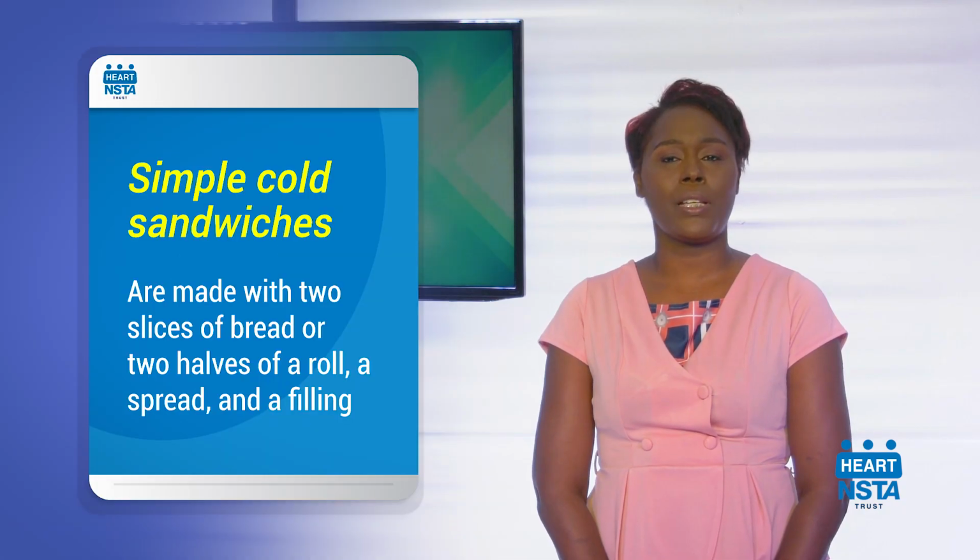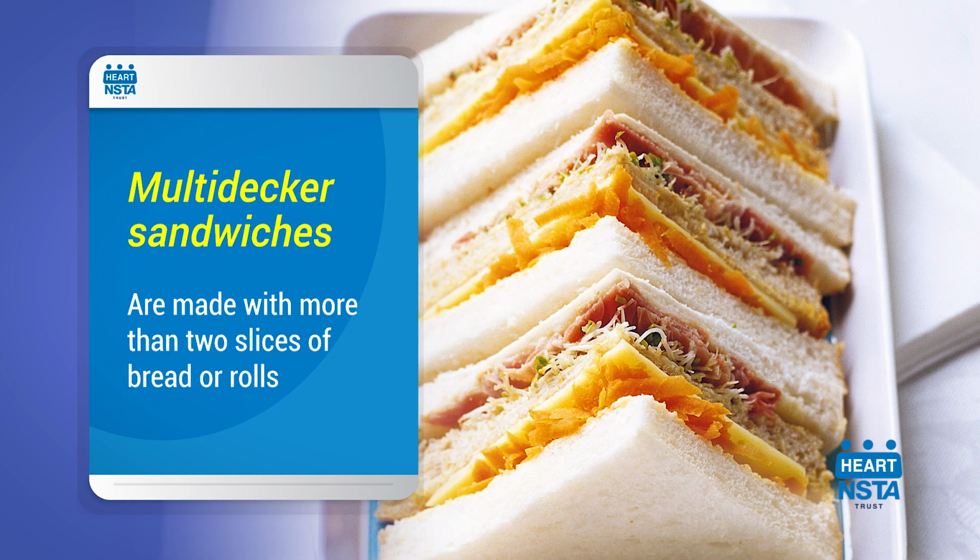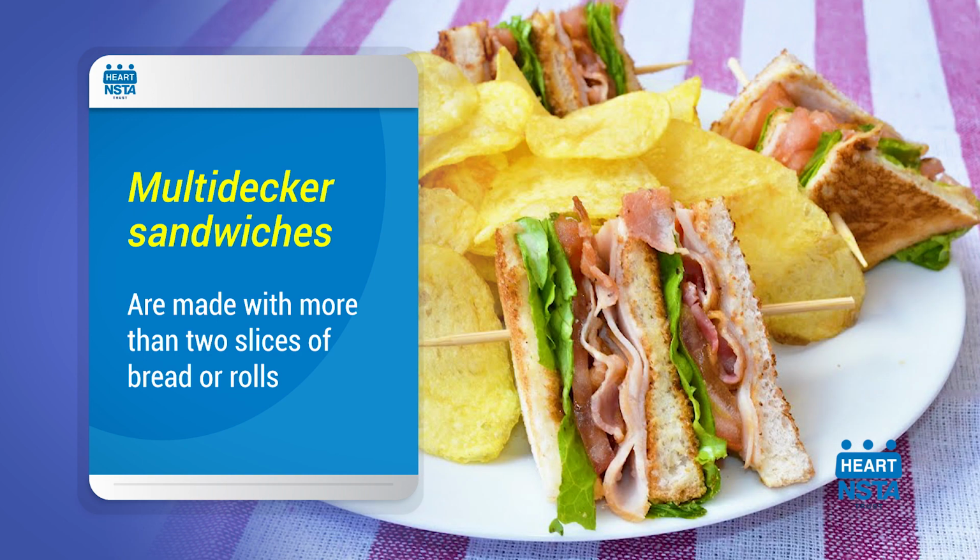Here are a few types of cold sandwiches used for breakfast. Simple cold sandwiches. These are made with 2 slices of bread or 2 halves of a roll, a spread, and a filling. Multi-decker sandwiches are made with more than 2 slices of bread or rolls.